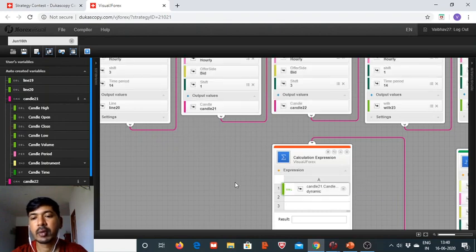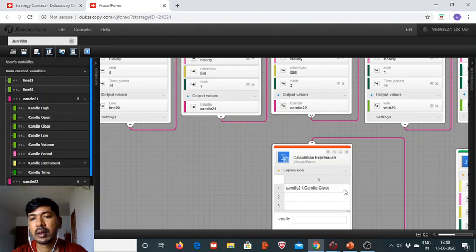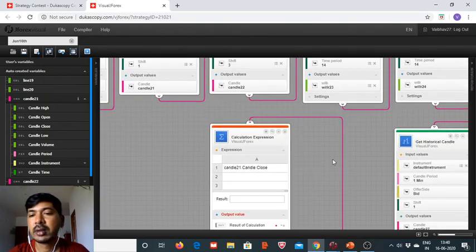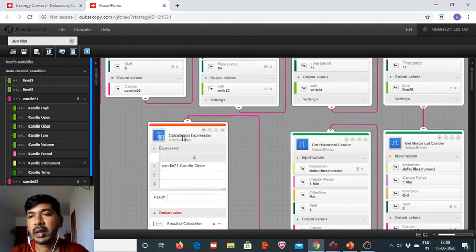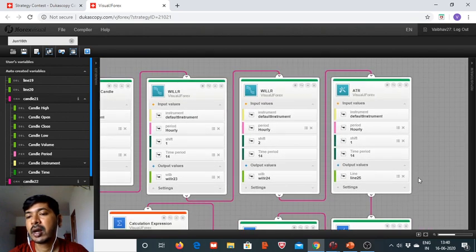And for buy side we will need to do the subtraction. For the sale side we will need to do the addition, and here is our ATR, line 25 is the ATR.